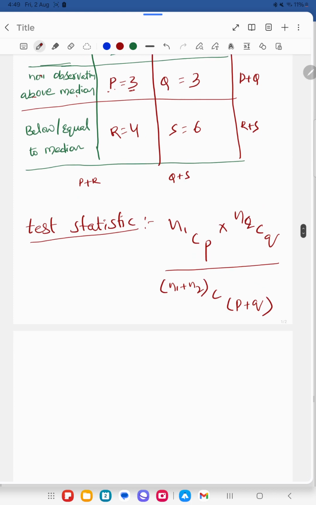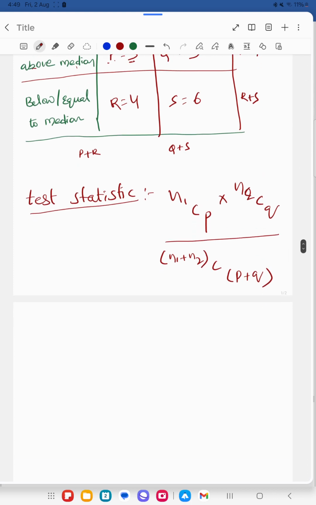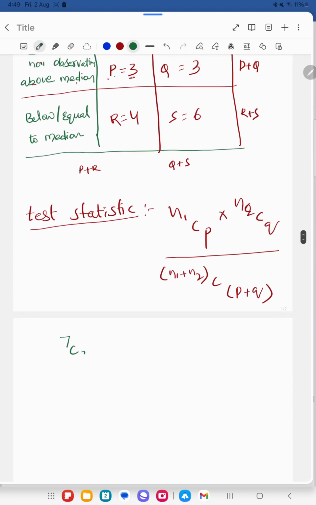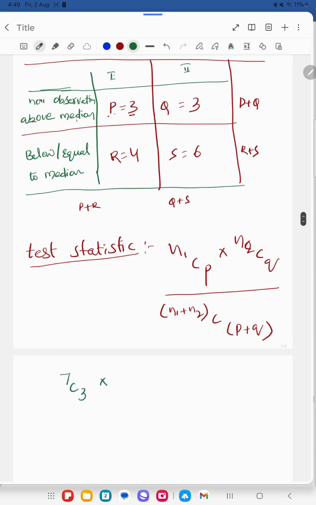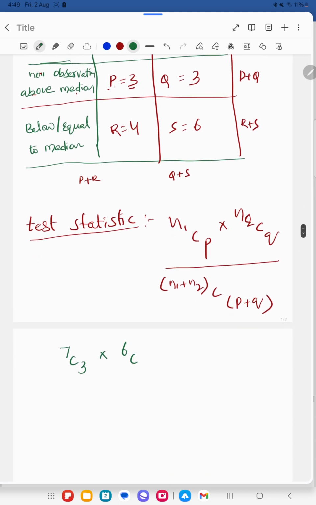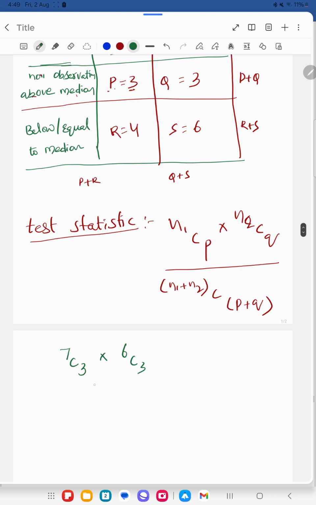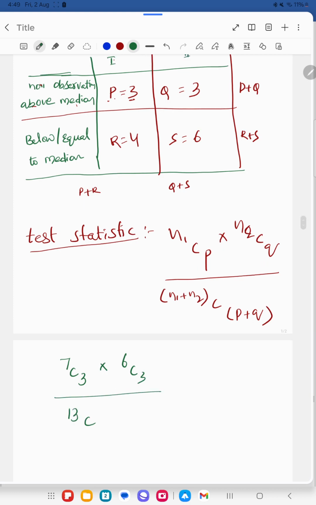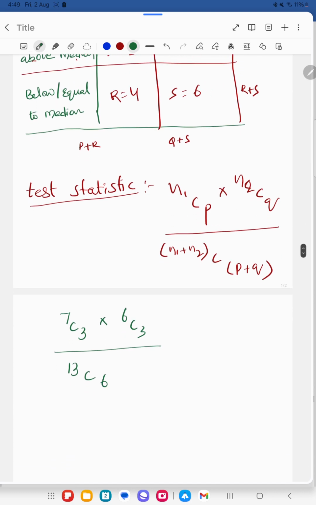N1 means the number of observations in the first sample, which is 7, so 7 C P, that is 3, into N2 which is 6, so 6 C Q, that is 3, divided by N1 plus N2 which is 13 C, P plus Q which is 3 plus 3, 6.